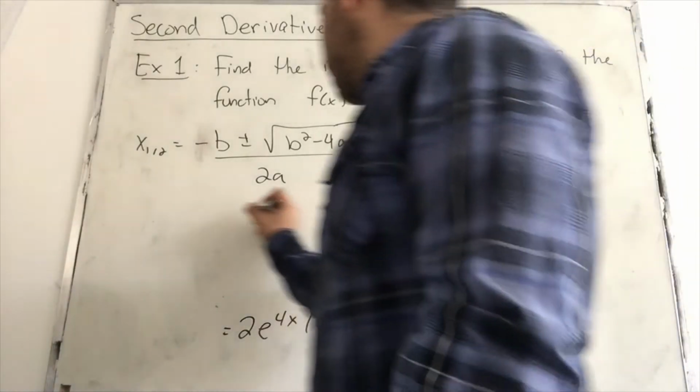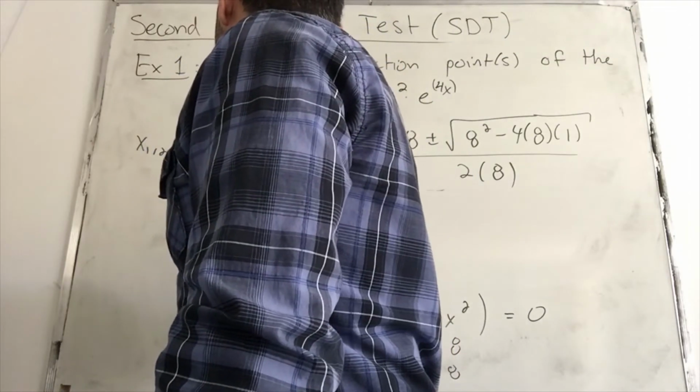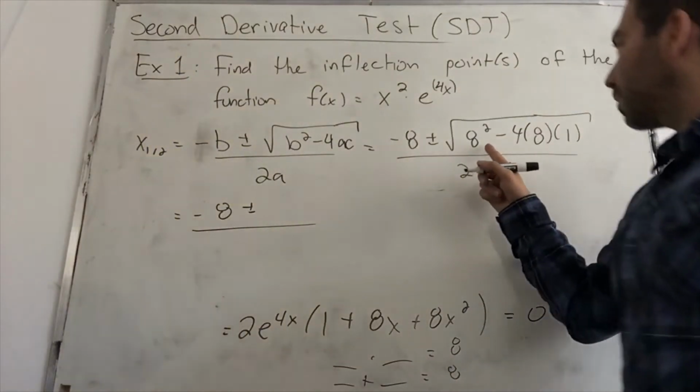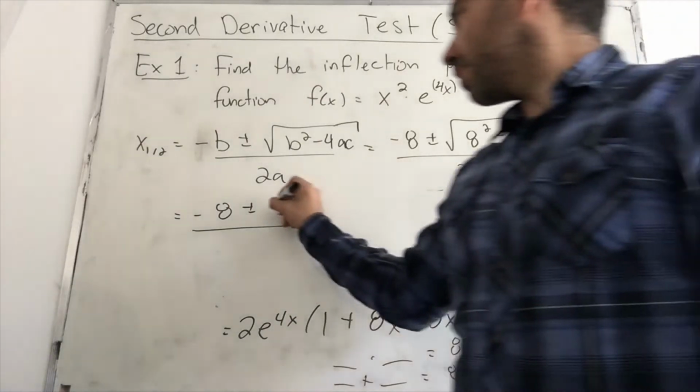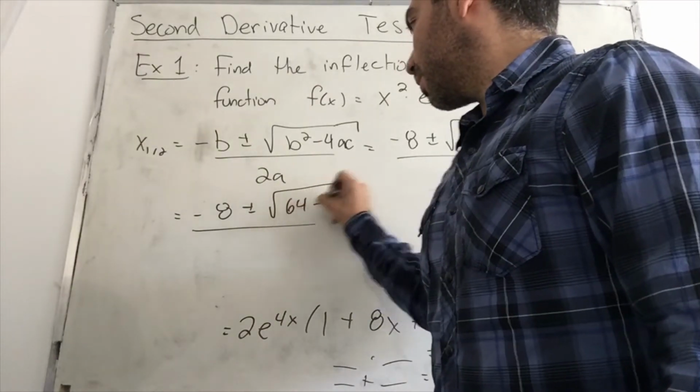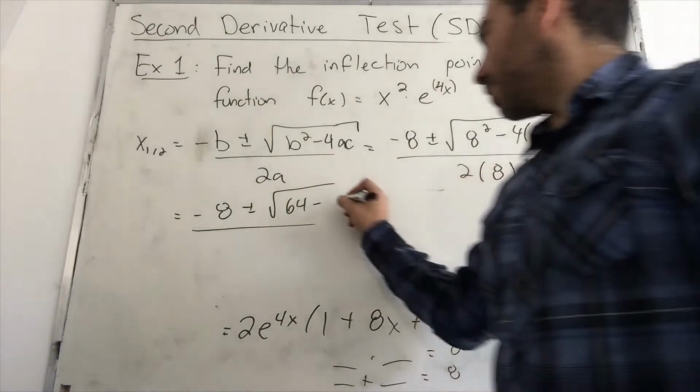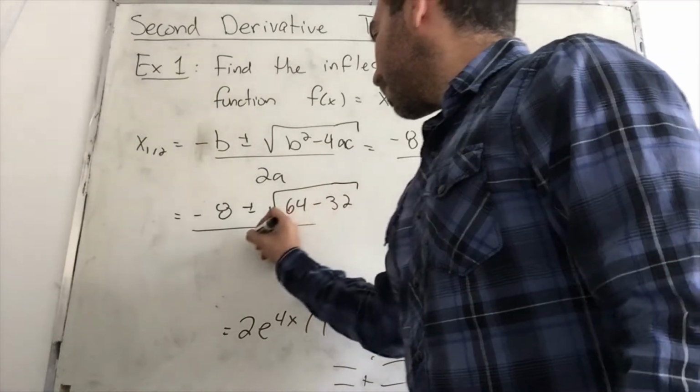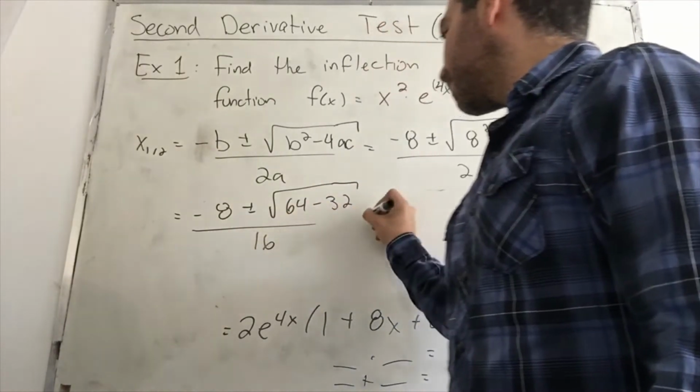giving us negative 8 plus or minus the square root of 8 times 8 is 64, minus 4 times 8 is 32, over 16.